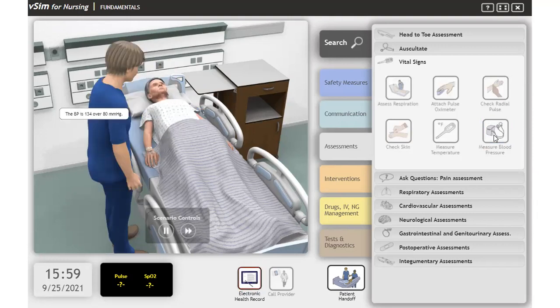The blood pressure is 134 over 80 millimeters of mercury. This is a pulse oximeter, which monitors the oxygen level in your blood. It fits snugly around your finger, but should not hurt.